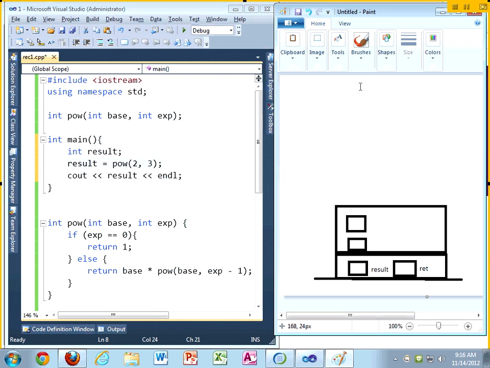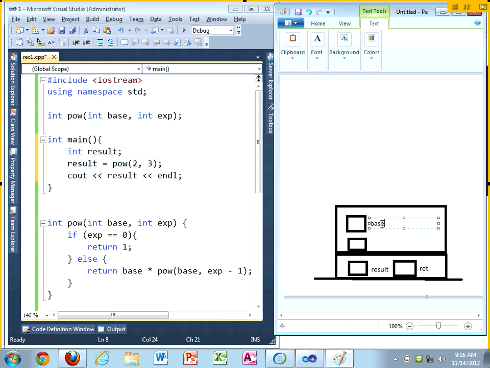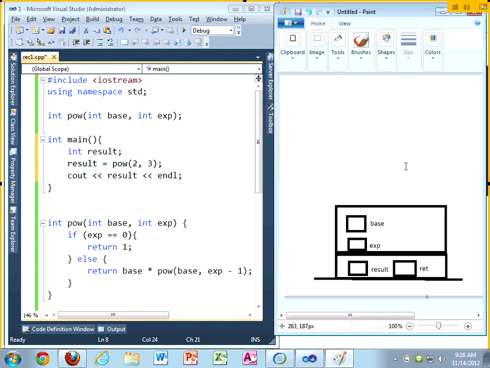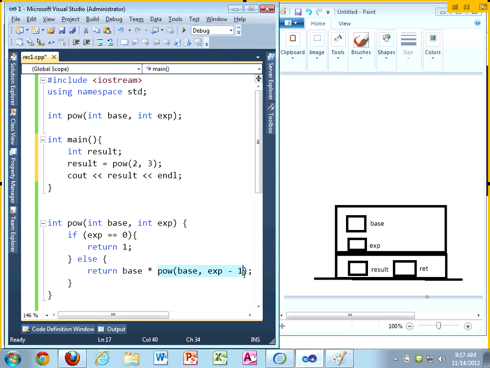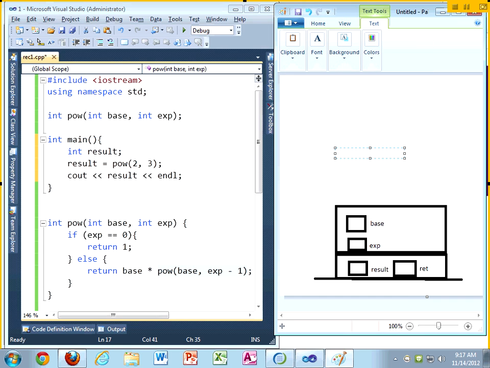So my two local variables are base and exponent. Okay. Then what else is going to have to go in here? I'm going to have a place for when I call this function, I need to set aside a place for it to put its result. Okay, that's what I'm calling return here.